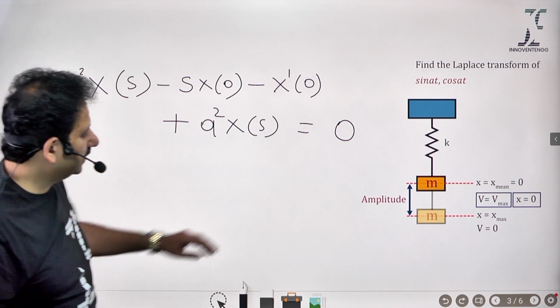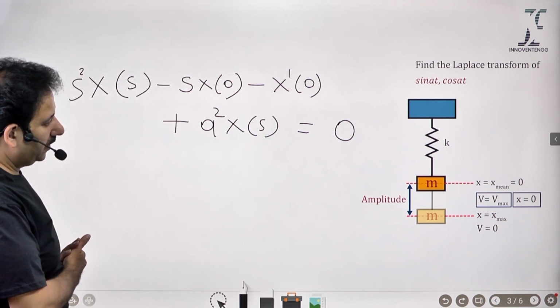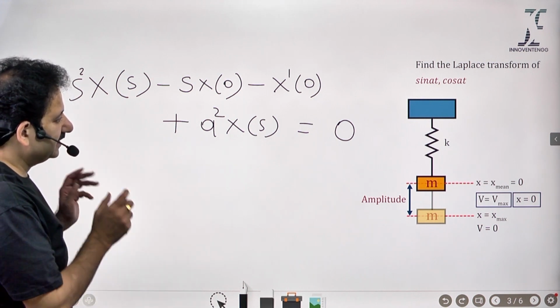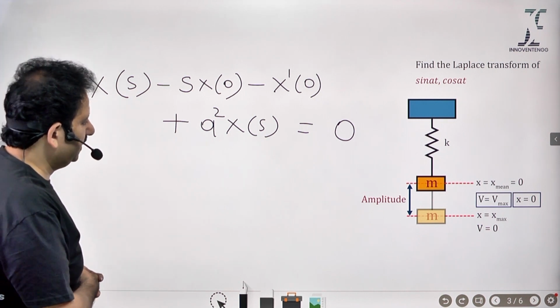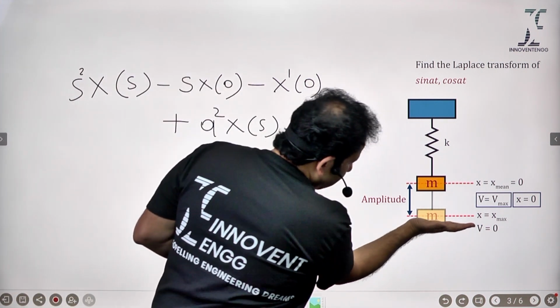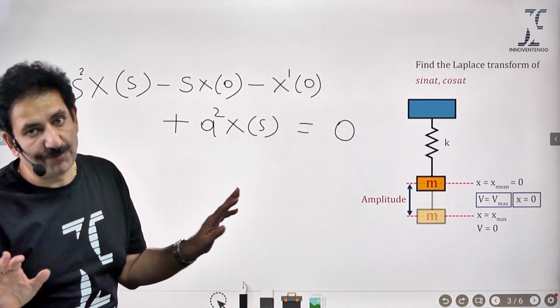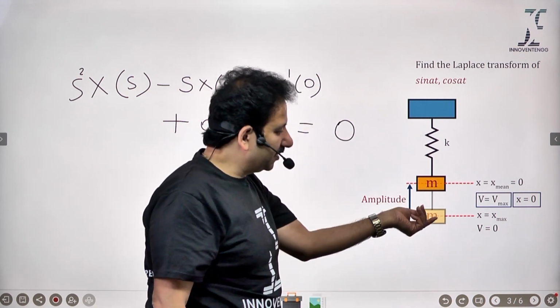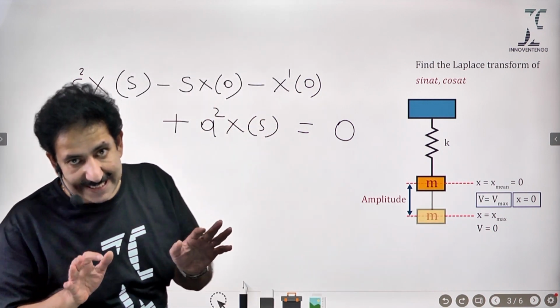As usual, when you take the Laplace transform of 0, it is 0. Now look at the boundary condition. That is where I have been emphasizing that boundary conditions are very, very critical for the Laplace transform whenever you are dealing with differential equations. Here, the mass is starting from the extreme. That means there is maximum displacement and no velocity, because if it were to have velocity, it would have stretched further.